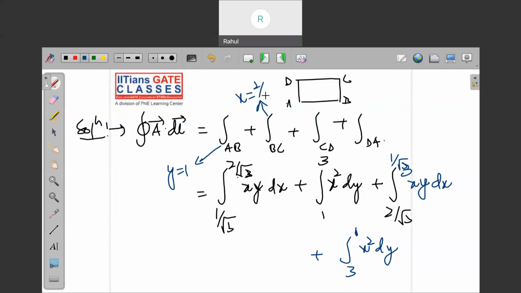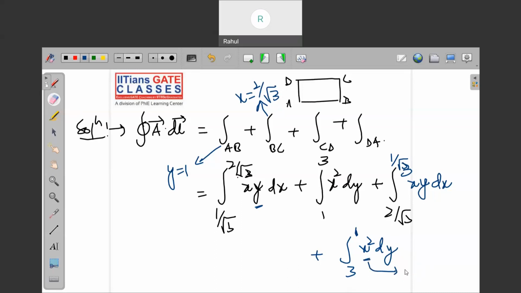To explain to you, I'm writing all these things, otherwise you can get the answer in one line. In place of y you can place 1 here, in place of x you can place 2 by root 3, in place of y again you can place 3 here, and in place of this you can place the constant 1 by root 3 in place of x.